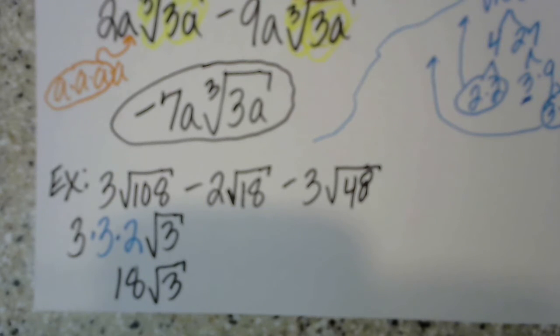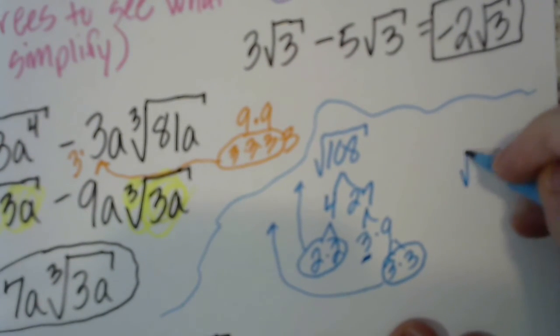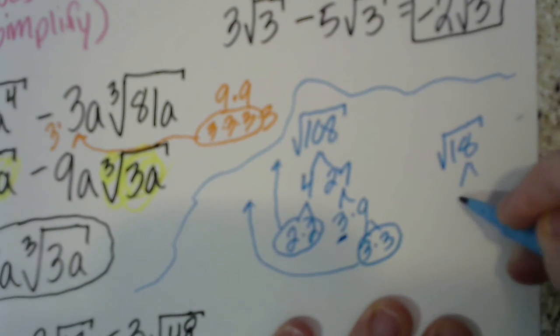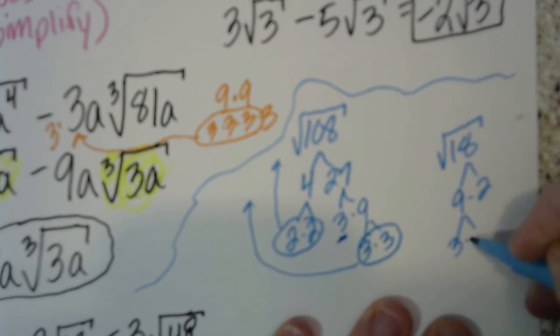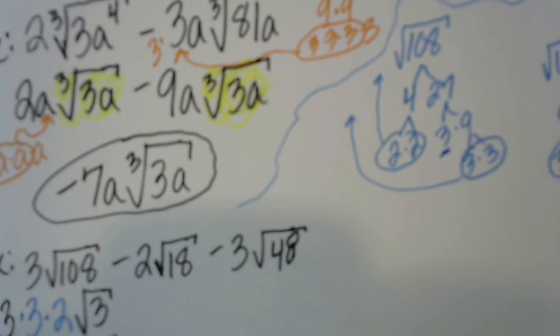But I still need to work with 18. Well, I know 18 is 9 times 2. And I can get a pair of 3's from that. But the 2 has to stay on the inside. So I'm going to come over here.